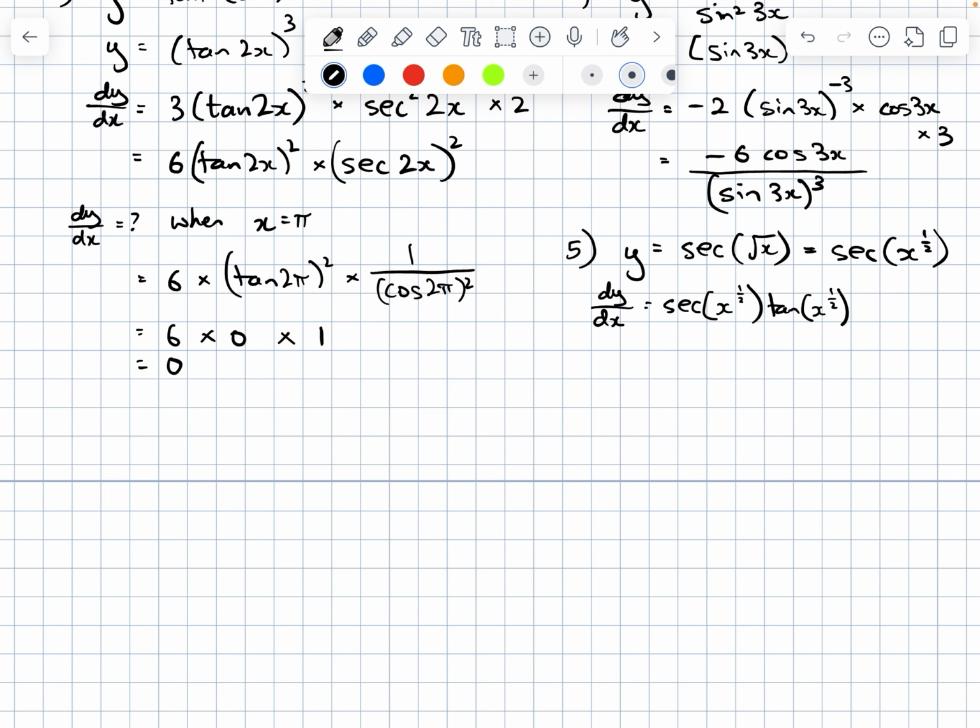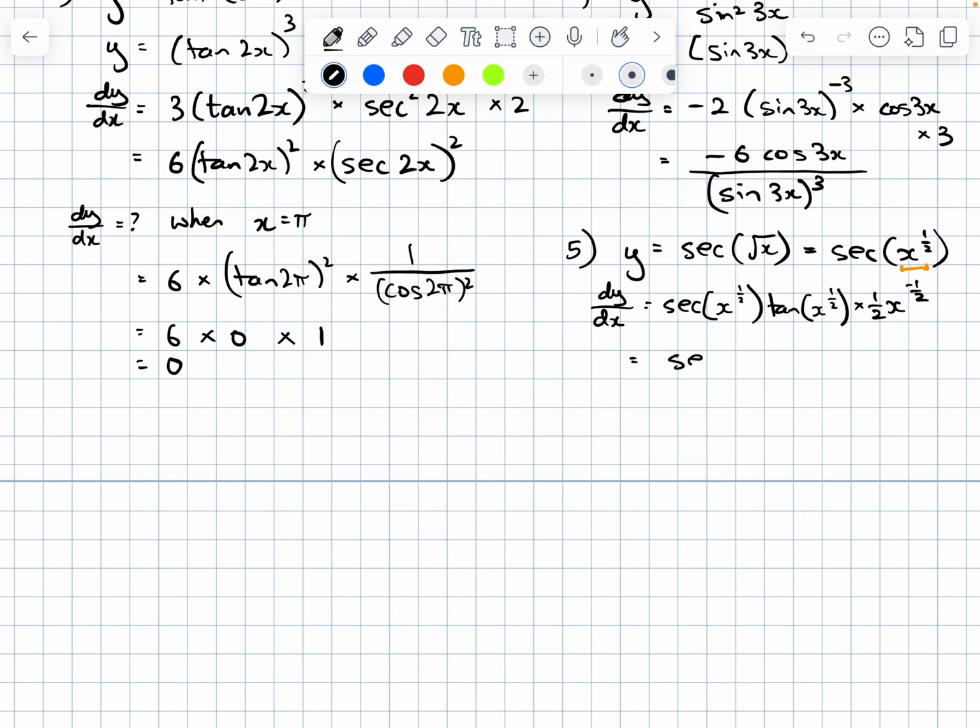And then we've got to multiply by the derivative of the brackets. The brackets that we actually look at is just this one here. So we don't care that there's 2 brackets in the derivative. We're only looking at the one in the original one. The derivative of x to the power of half is bring the half in front, reduce the power by 1. Tidying this up, we could probably just rewrite those as square root of x in our brackets.